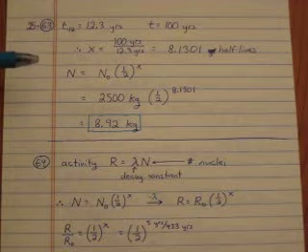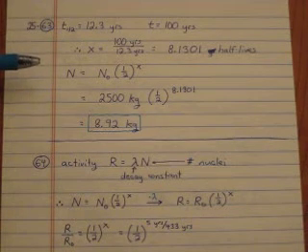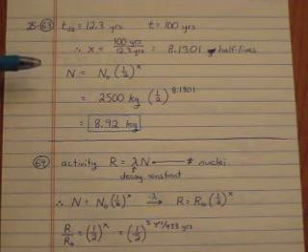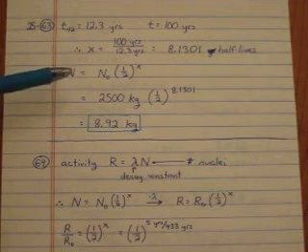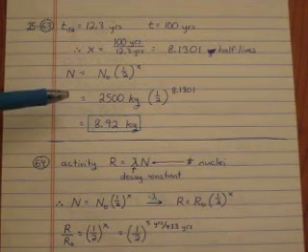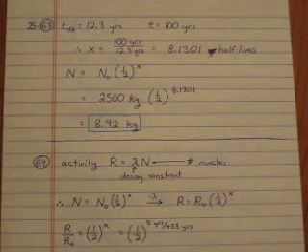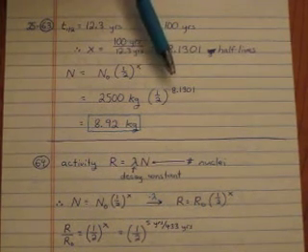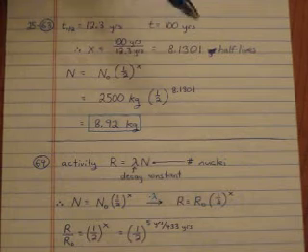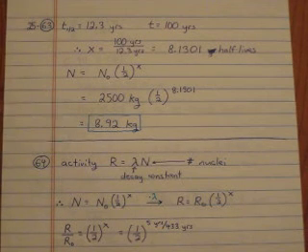You could use the N's also to denote mass, as I already did in the previous problem. So I'm going to let N naught be 2,500 kilograms times 1/2 to the number of half-lives that go by, 8.1301, and we get 8.92 kilograms that are left.